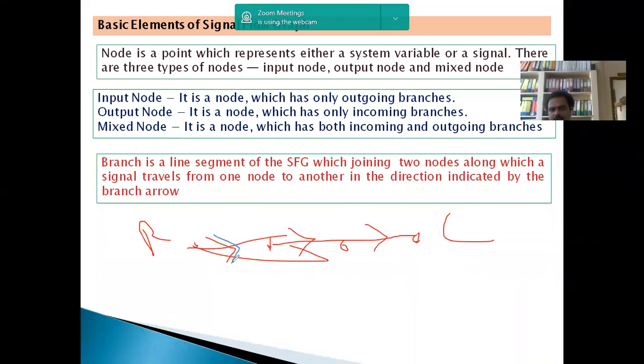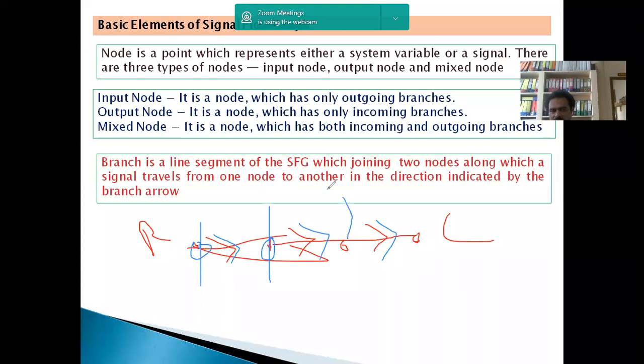Between these two junctions, a branch is a line segment which joins two nodes. So this is one node, this is another node, and from here to here, the signal is traveling in this direction.